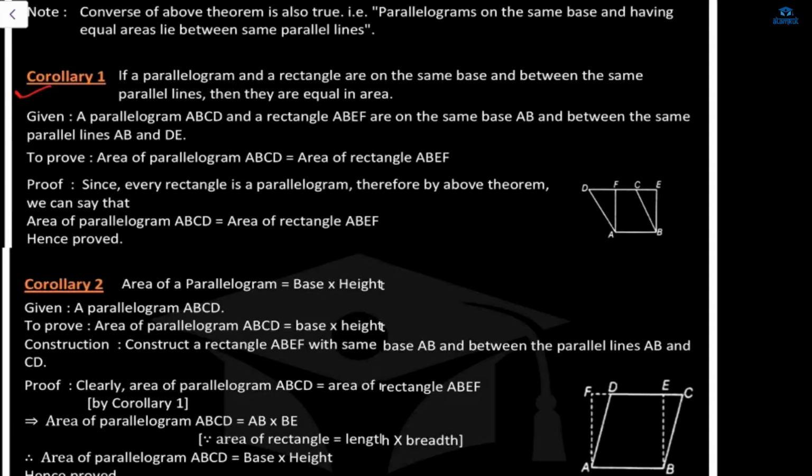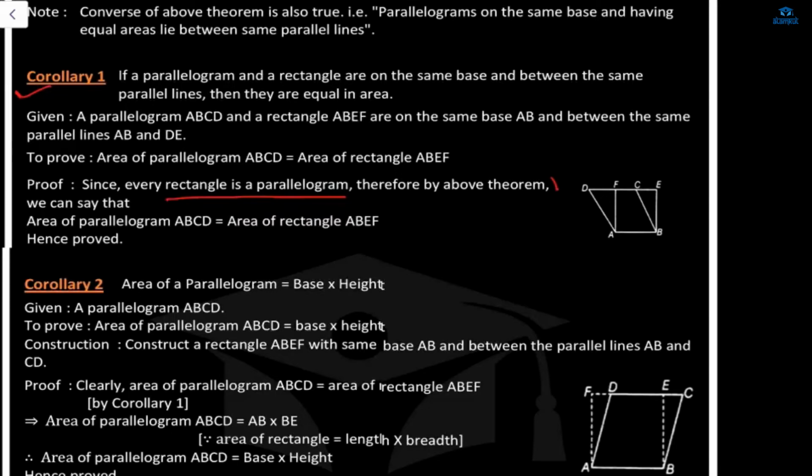Okay, so you can see the proof is also here. Since a rectangle is a parallelogram, therefore from theorem 1, we have proved that the area of parallelogram ABCD is equal to the area of rectangle ABEF.